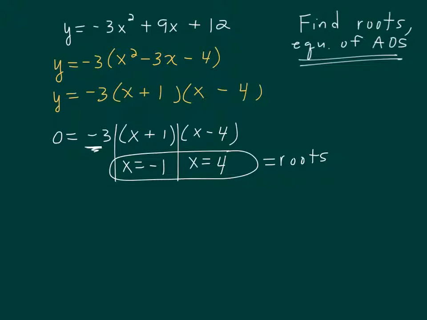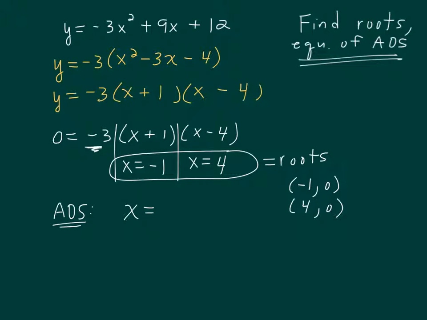If we needed the coordinates, we would write it like this. And lastly, our axis of symmetry. Well, we know this is going to be the average of our roots. It's always going to be in between the roots. And recall in standard form, the equation was negative b over 2a.